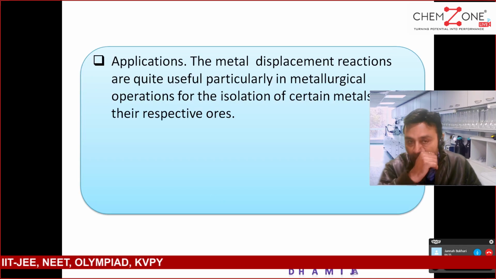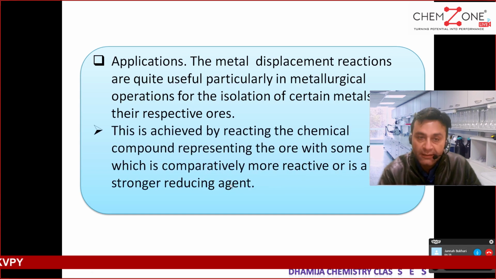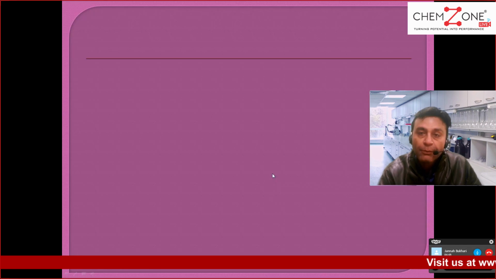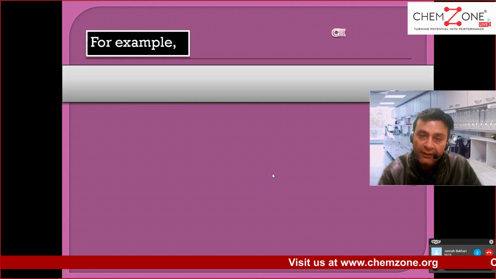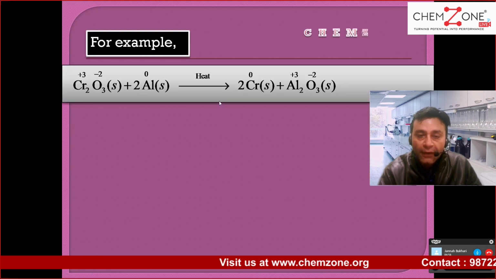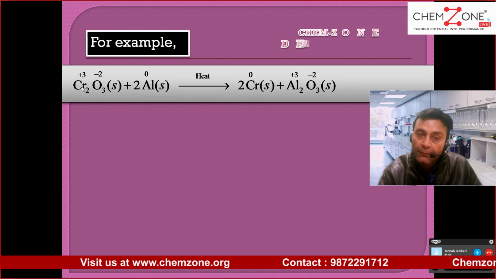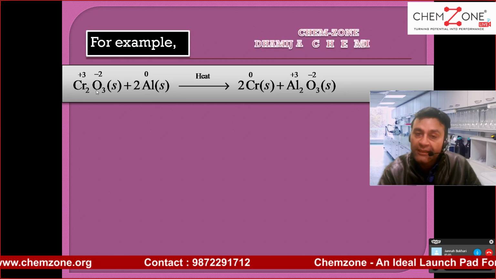Let us discuss its application in metallurgical operations, where the less reactive element will be replaced by the more reactive element so we can get a pure substance. There we will be using a reducing agent. I'll give an example. If I want to get chromium, then aluminum is more reactive than chromium. Aluminum displaces chromium from chromium oxide.